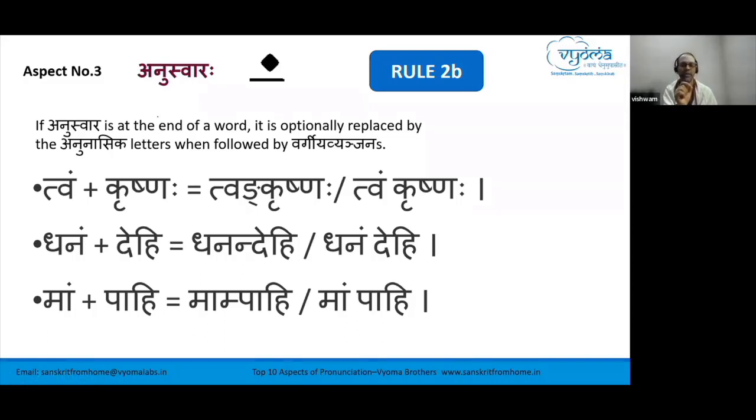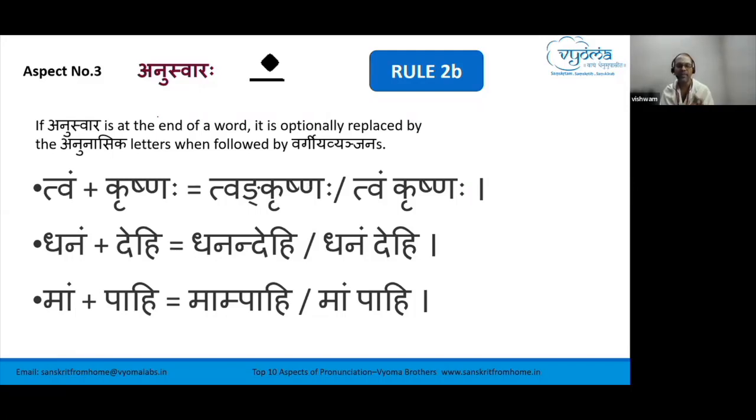You have to pronounce it like this: dash plus dash equals dash or dash. Tvam plus Krishna equals Tvam Krishna. Then what is the first word? How is the first one to be pronounced? Tvam. Correct. Tvam plus Krishna equals dash. There are 2 options.